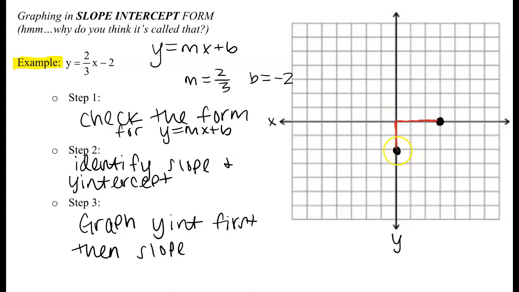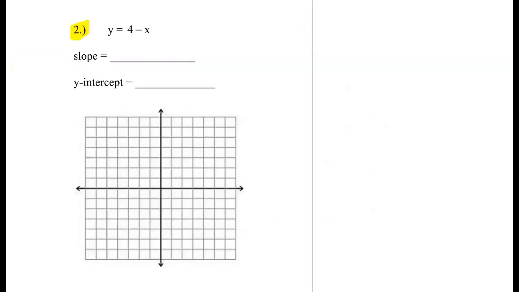After that, connect the dots, and that's your graph. If you'd like to continue putting more, go up 2 over 3, so on and so forth. As many dots as you want, following the same pattern. And that's my line.